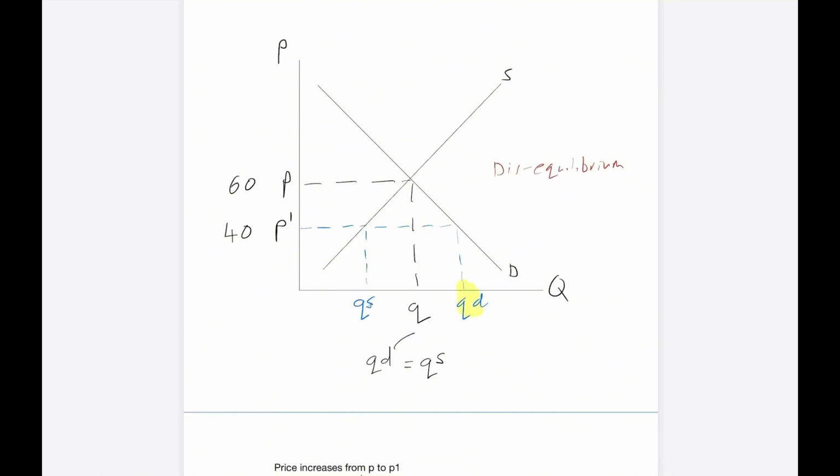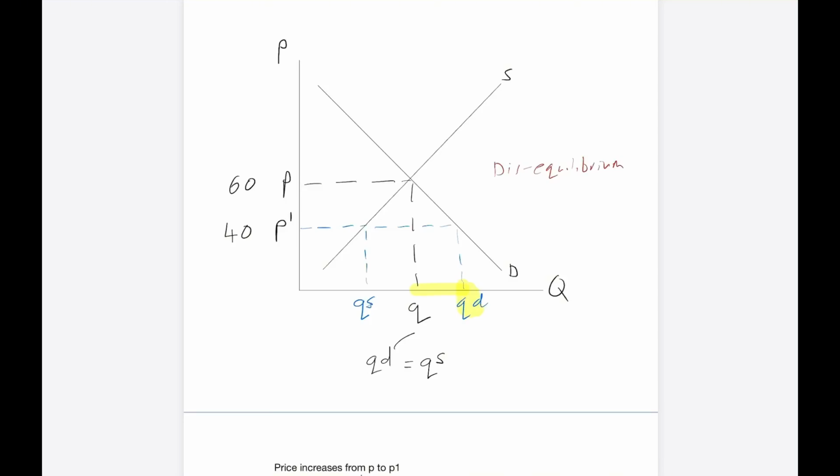We can see here that the quantity demanded has increased from Q to QD, and that's because the price of the product has decreased. Therefore, consumers are going to be more willing and more able to buy the product at the lower price.